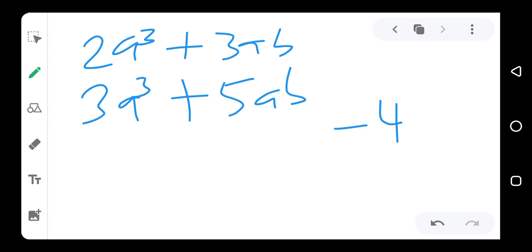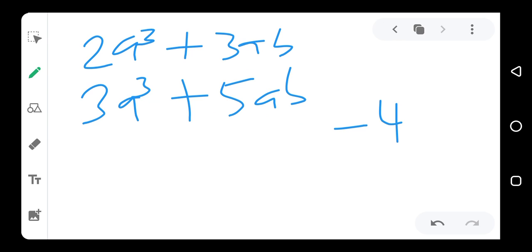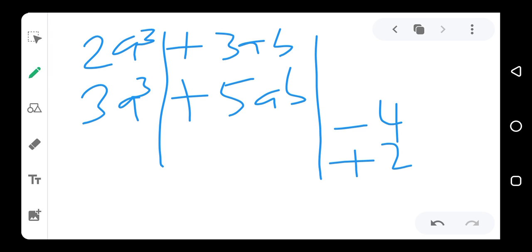Minus 4. So any other constants, we have plus 2, plus 2. This takes a column, this takes a column, and this takes a column. Each term takes a column.